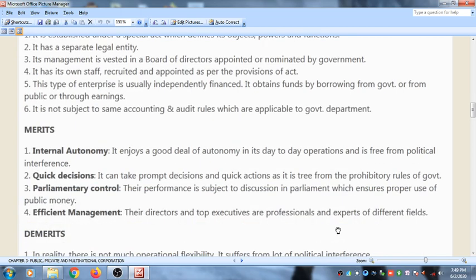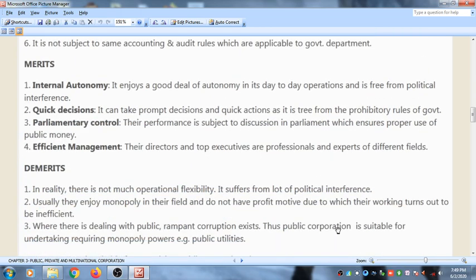Now the next topic is merits of the statutory corporation. The first merit is internal autonomy. Statutory corporation enjoys a good deal of autonomy in its day-to-day operation and is free from political interference.